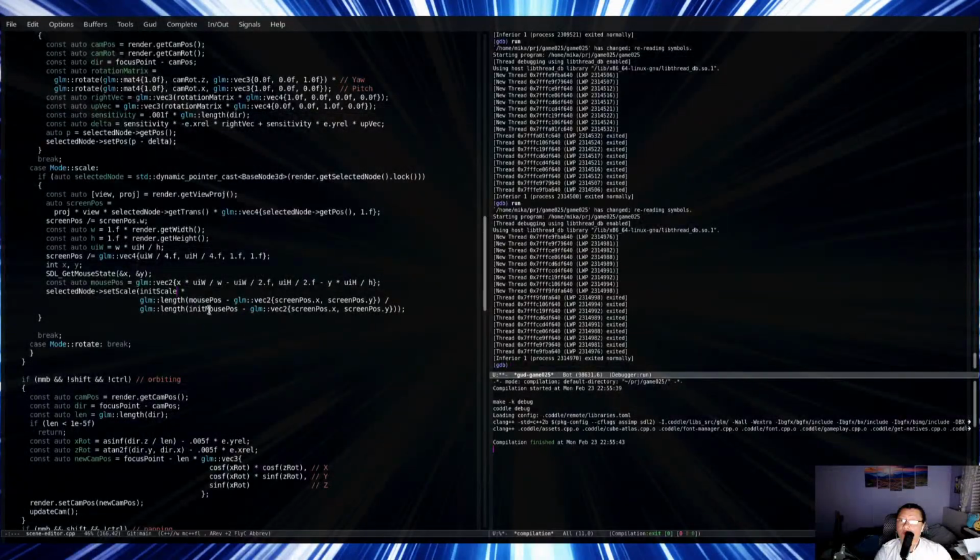What's going on? Mouse position, screen position.